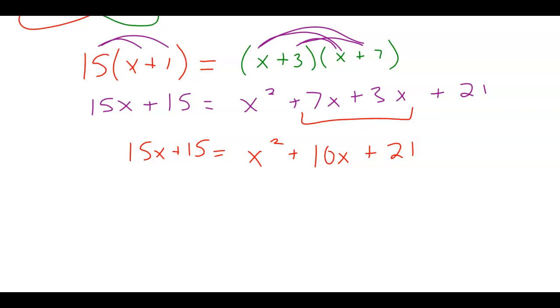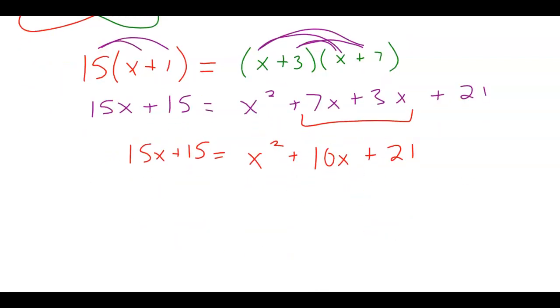Okay, so let's get this set equal to 0. If I subtract my 15x over, that gives me x squared minus 5x. And then if we subtract this 15 over as well, that would give us plus 6.